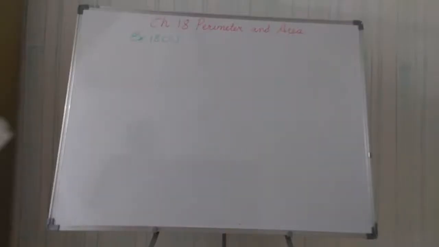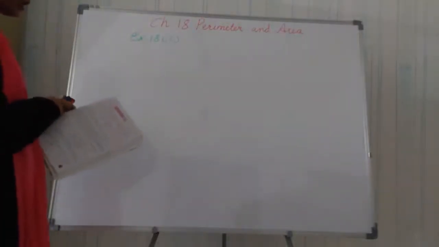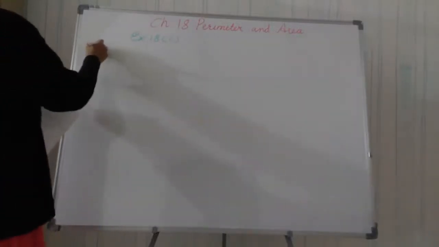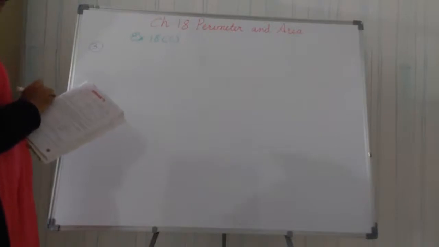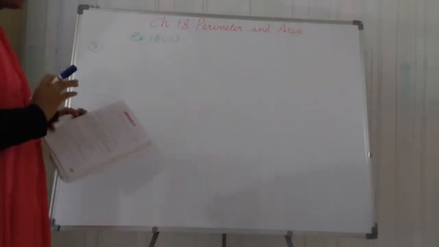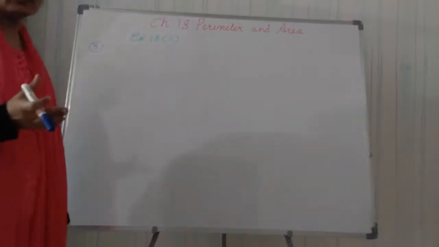Now let us take the next question, question number 3. In this question, you are given the side of a rhombus is 7.2 centimeter and its altitude is 5 centimeter. Then find its area. Now students, rhombus is one type of parallelogram.